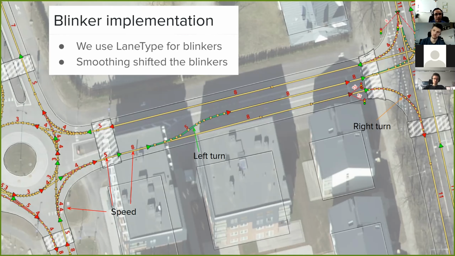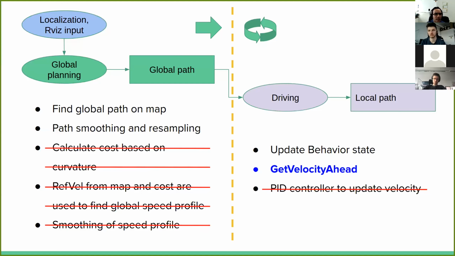And I like the previous approach for the velocity, get velocity ahead. We can talk about it if you can post a merge request about adding this to OpenPlanner too.